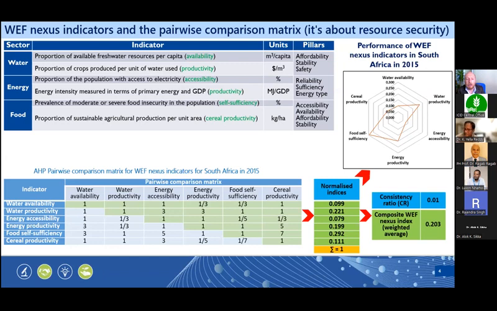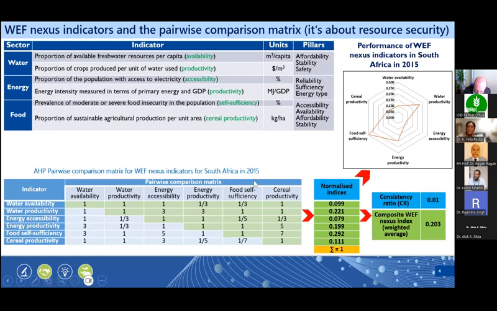Therefore, what we did was an analytic hierarchy process, which is a multi-criteria decision method. And we developed the pairwise comparison matrix. It's just an idea of comparing each of those indicators for water, energy, and food, and how they relate to each other. And we developed the second table there.